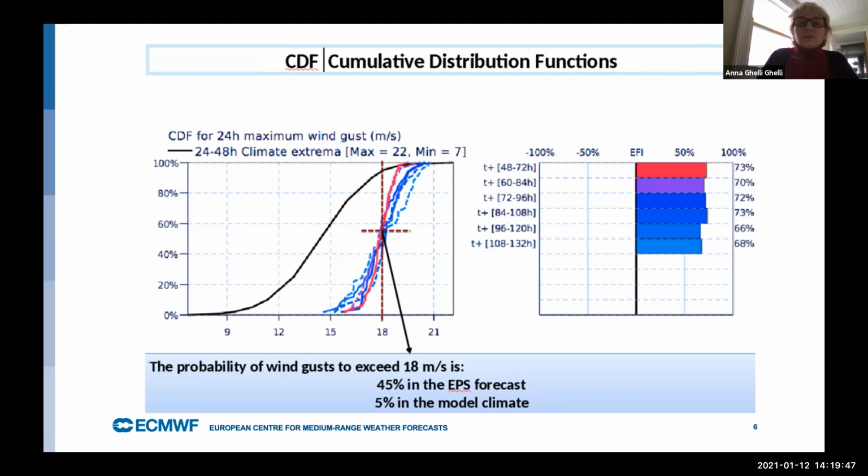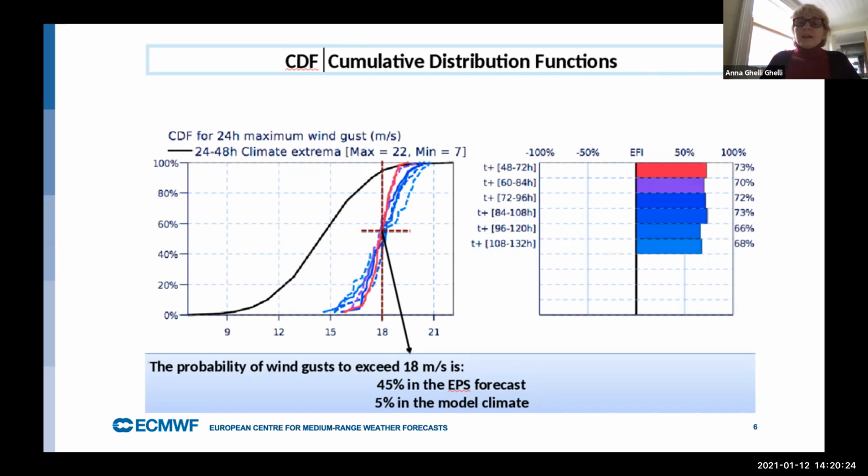Okay, there are some considerations to make here. First of all, you can see the forecast ranges, the different colored lines, are all very close to each other. They are not spread around. That means that the ensemble, even from the further away forecast, is forecasting some kind of potential severe event at this specific location.